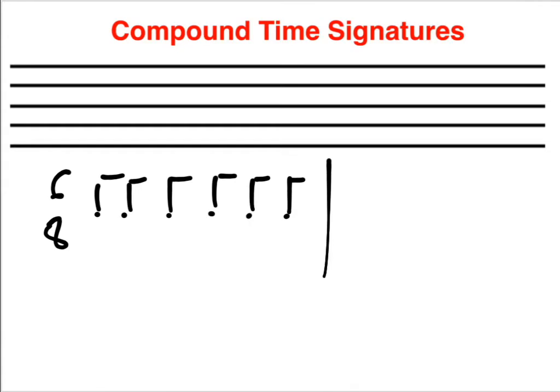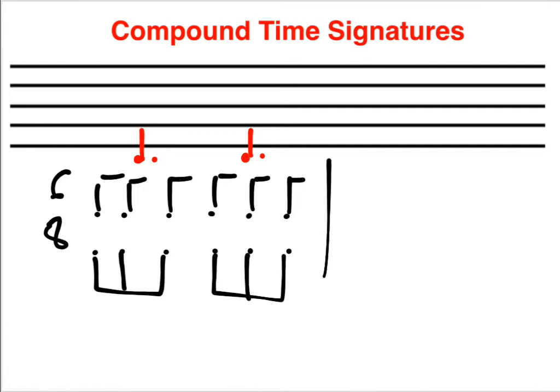In compound time signatures, we also group according to beats. So, because we're in 6/8, we're dealing with dotted crotchet beats, 2 dotted crotchet beats per bar, in fact. That means you would have to group according to those dotted crotchets. So those first three quavers would be grouped together, or beamed together, and so would the second group of 3. Okay, so you would never group all 6 together. Okay, so you would never do that. You always group according to your beats.